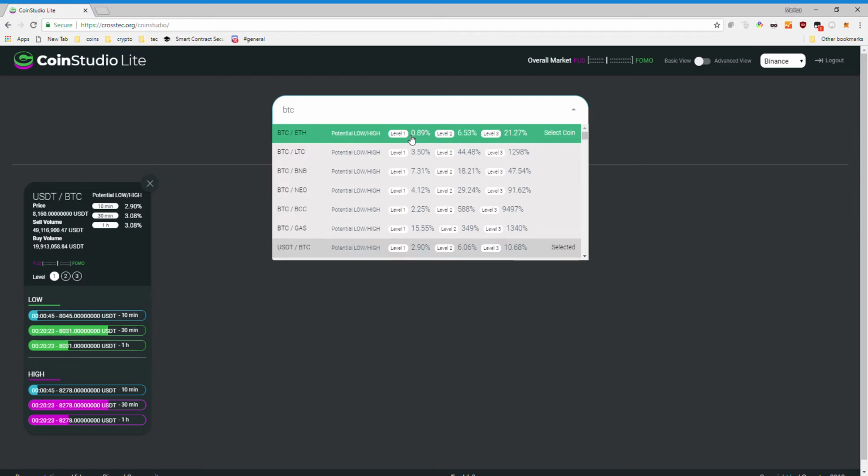Level is basically an indicator for trading frequency. It is also a measure of time, but it doesn't really say that this will happen within an hour or 10 minutes. It can actually happen, but it's not necessarily going to.